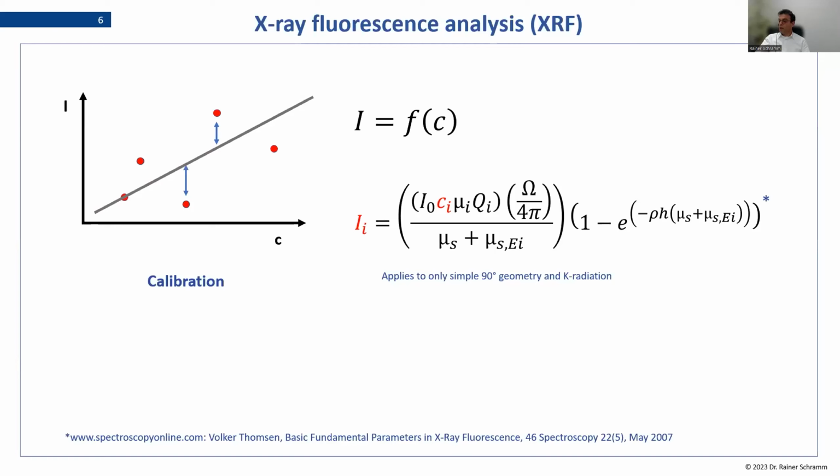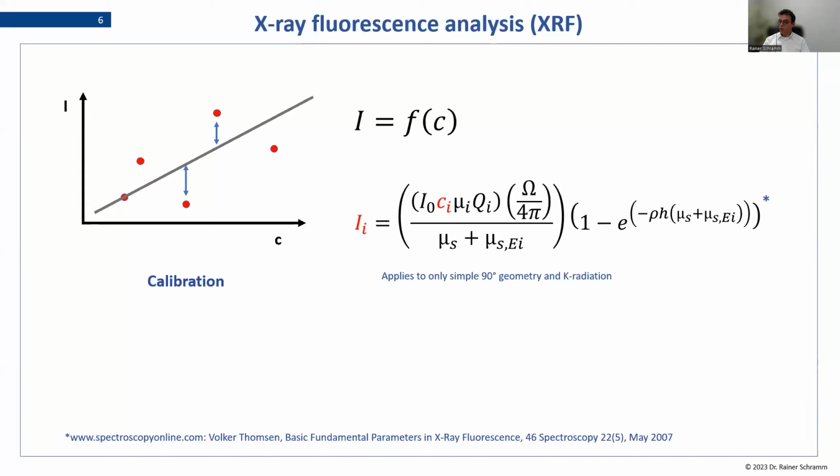What else do we have? Why do heavier elements have larger depth penetration? Yeah, this depends on the energy of the fluorescence radiation and how strongly the radiation is absorbed by the other elements.